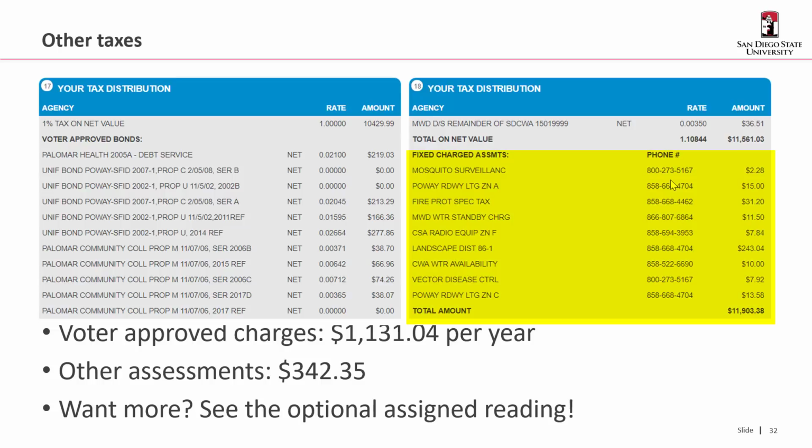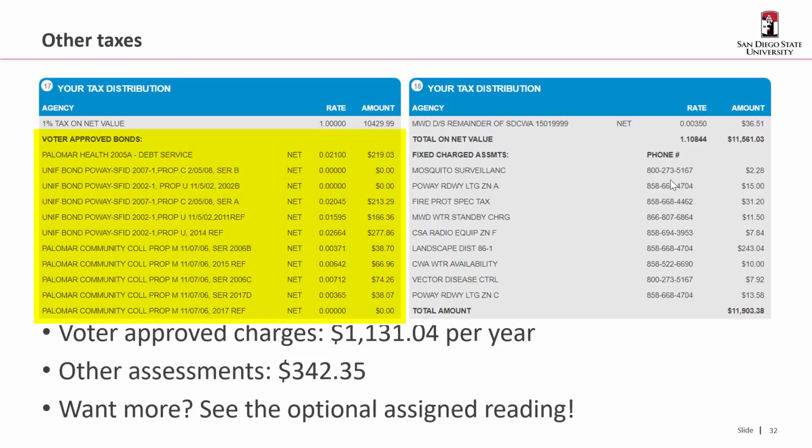And then there are also a number of fixed charges that are collected through property tax. So mosquito surveillance, that's the spray for bugs in case we need it. There's a Poway roadway, fire tax, again the water district, some emergency radio equipment. There's landscaping, a vector for disease control, that's spraying for mosquitoes generally, and more roadway work.